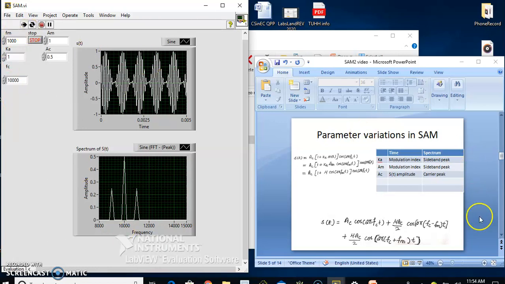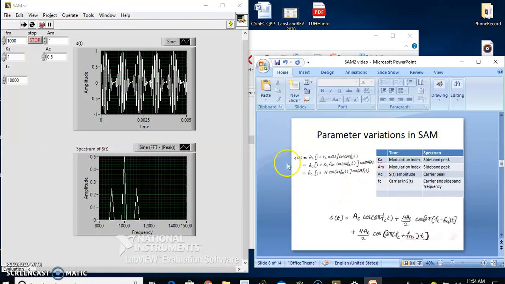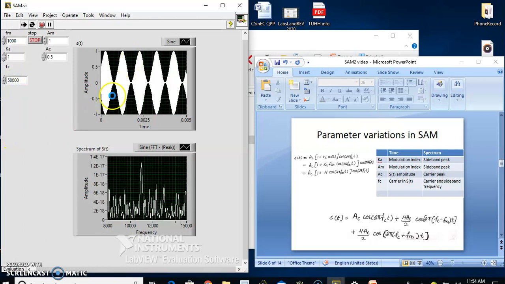Similarly, you can change the value of the carrier frequency. Now it is 10 kilohertz. Make it equal to 50 kilohertz. Now you can see you are getting a very thick carrier representation, which is evident in your time response.